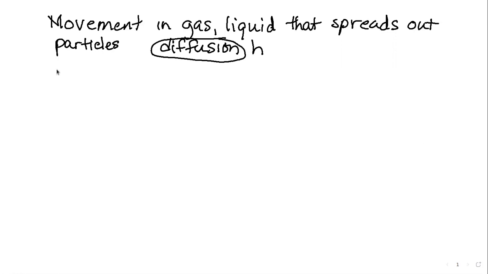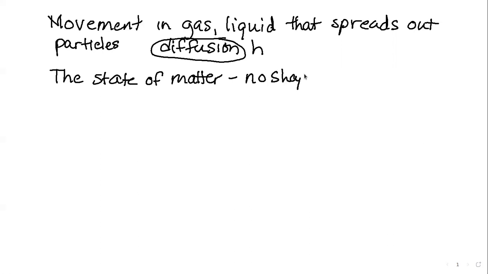And the last one is the state of matter that has no shape, no volume. Remember, state of matter or phase of matter tells us that it's either solid, liquid, or gas.